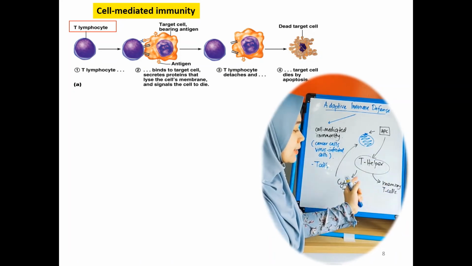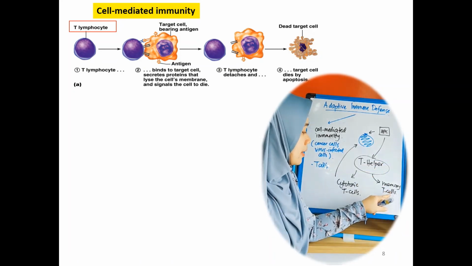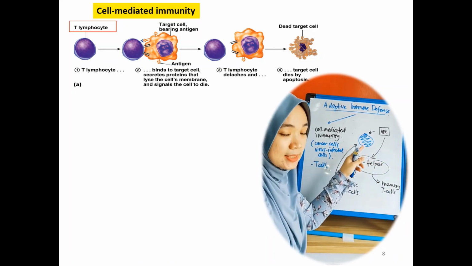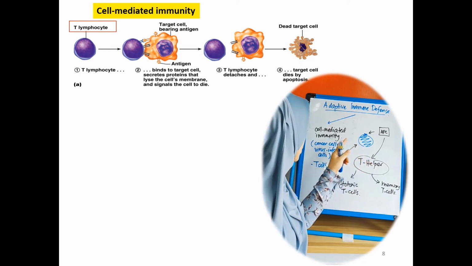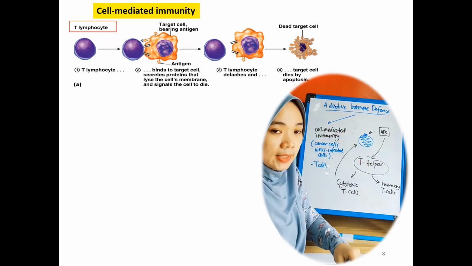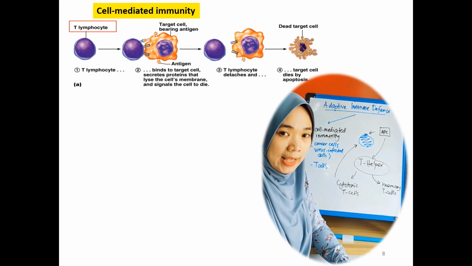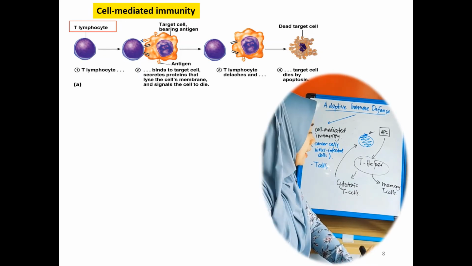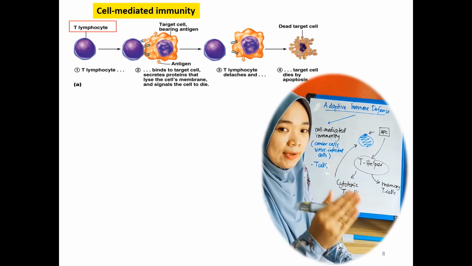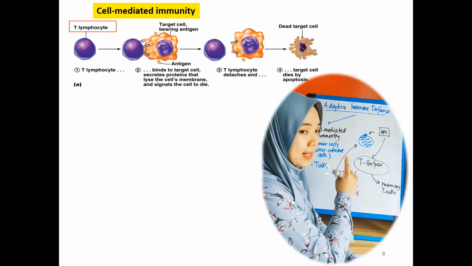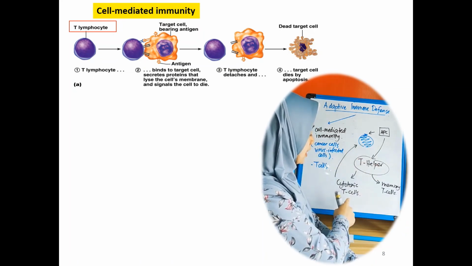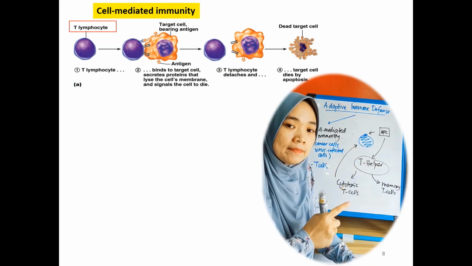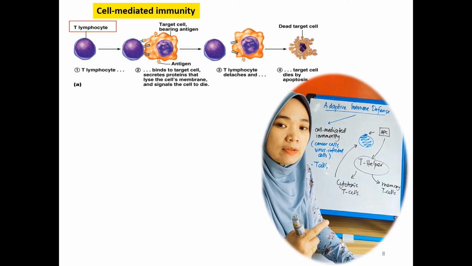So later, when the same cancer cell or virus infected cell occurs again and is detected again, it will immediately activate this process and kill that cancer cell or virus infected cell.